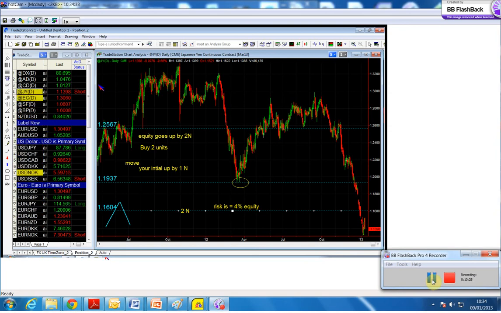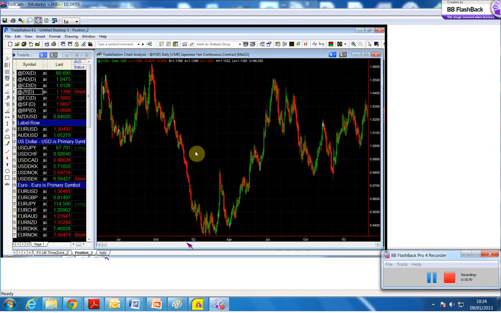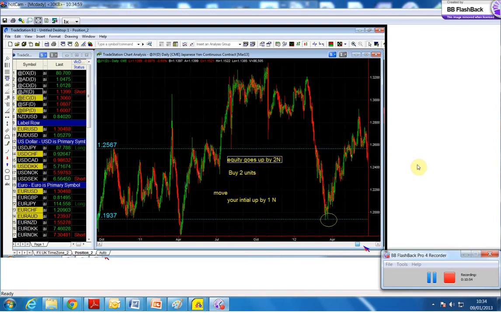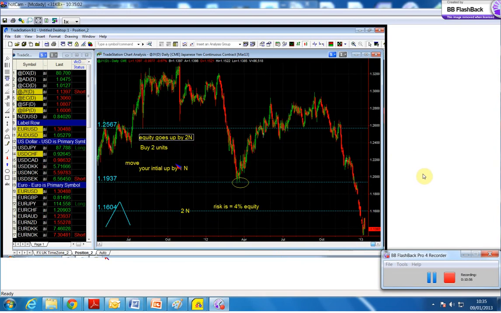This is the one that we gave to the turtles, but I didn't send it to you until we had a situation like this where we all have those positions in the trade. But initially for you, if you have an open position, raise your stop up by 1N and add another 1N as a new position. Okay?